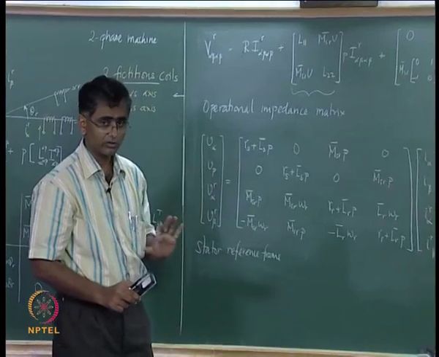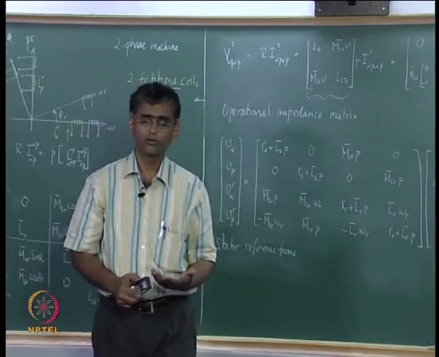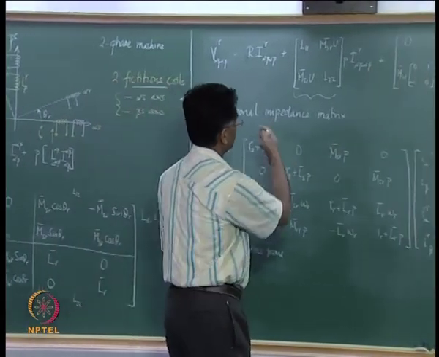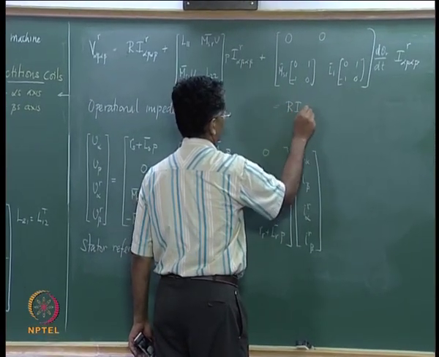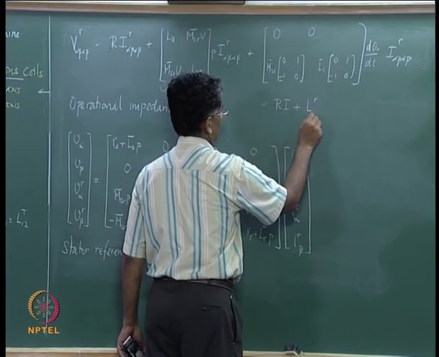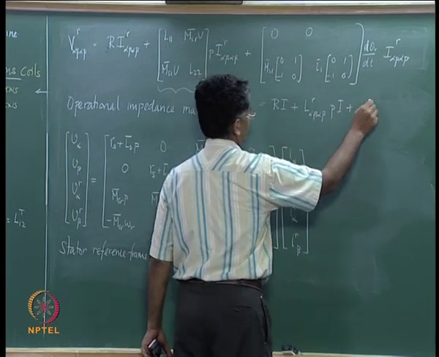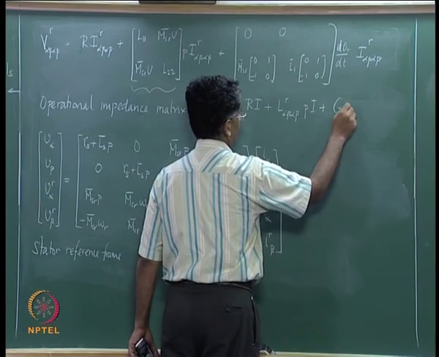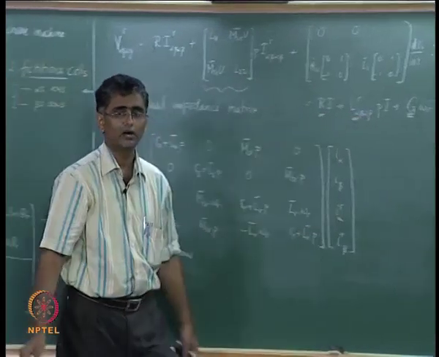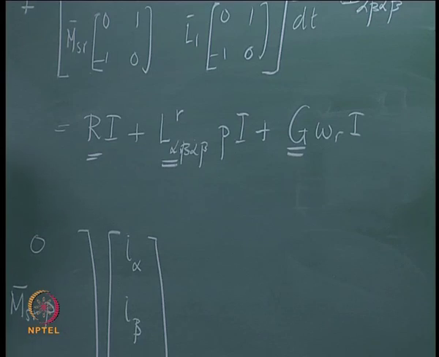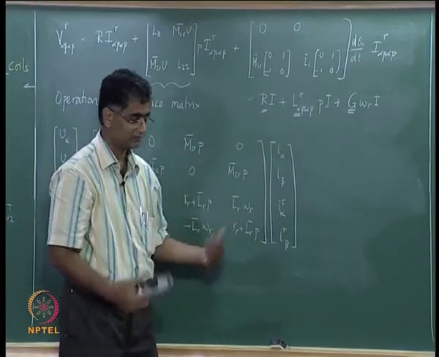This description is easier to handle because the impedances here are not dependent on the rotor angle, and therefore, you can write this expression again as the same equation as R into I plus an inductance matrix L alpha beta P i plus another matrix which you call G omega R into I. G matrix, L matrix and R matrix are not functions of the rotor angle, and therefore, it is easy to solve them on a digital computer, these matrices being fixed.